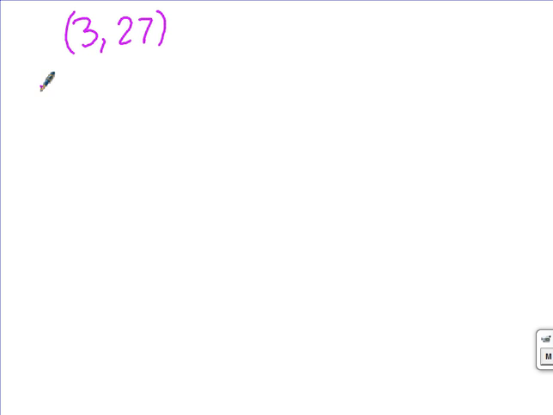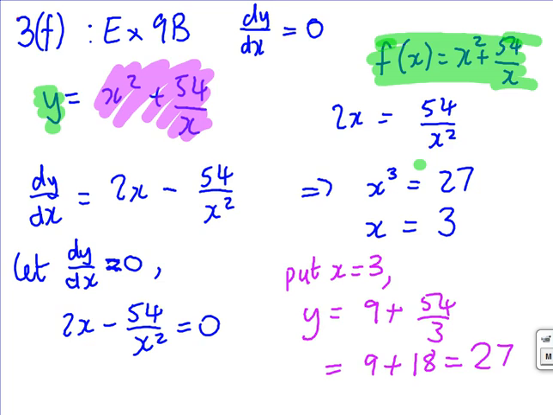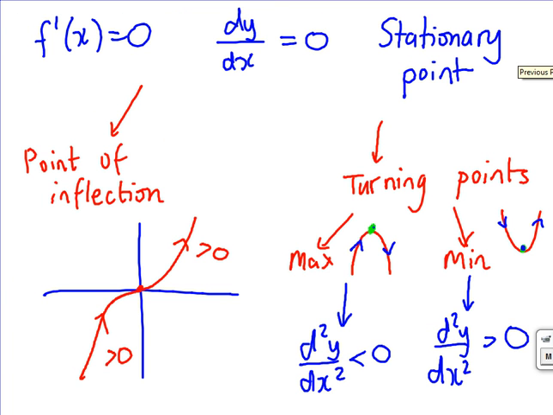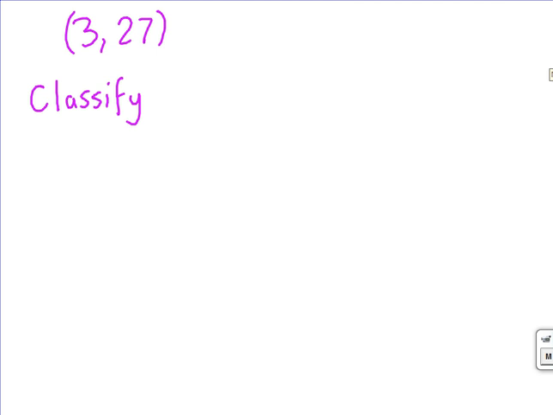Now what we want to do is classify it, as in, we know it's a stationary point, but from before, is it a maximum one, a minimum one, or what we call a point of inflection? That's the question. Well, we could sketch the graph. However, this is not an easy graph to sketch, and I'll leave it as a challenge for you, considering what happens when x is small and positive, big and positive, small and negative, and large and negative.